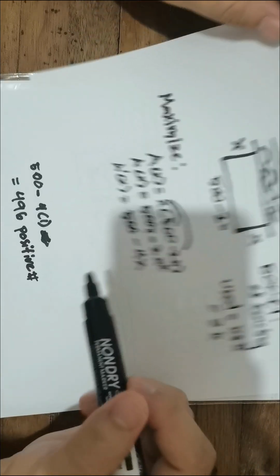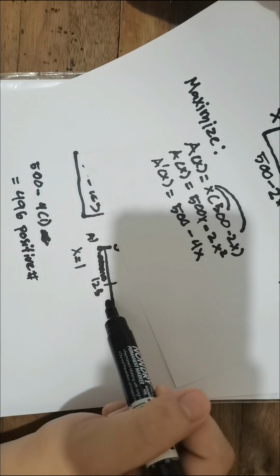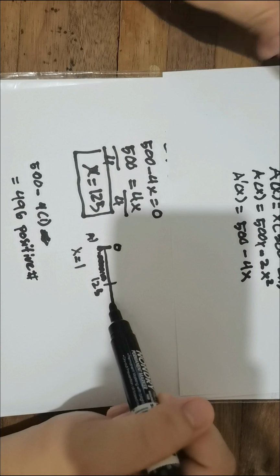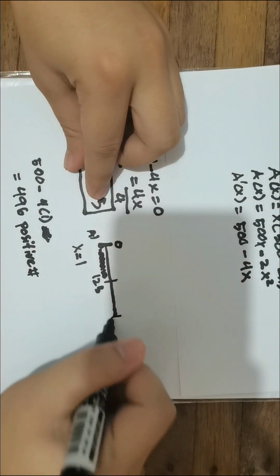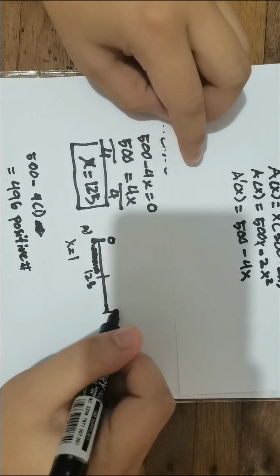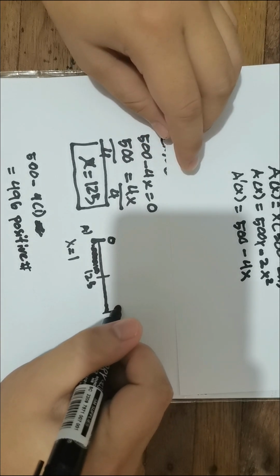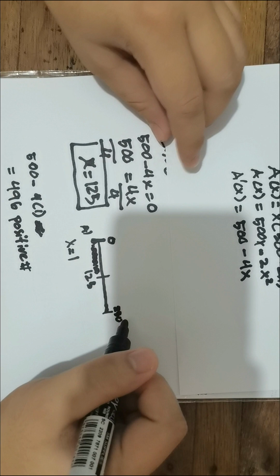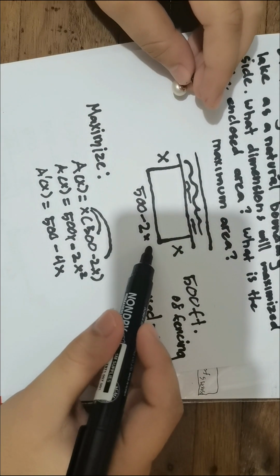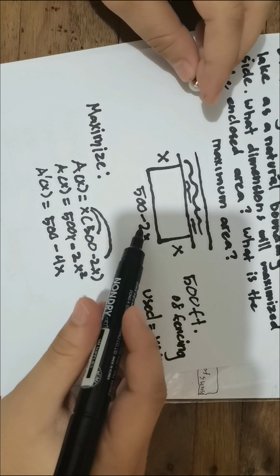Now let's try more than 125. Is it still increasing or decreasing? So let's say 125 to 250. Let's say 250, because in this equation 2 times 250 becomes 500, so 500 minus 500 becomes 0.